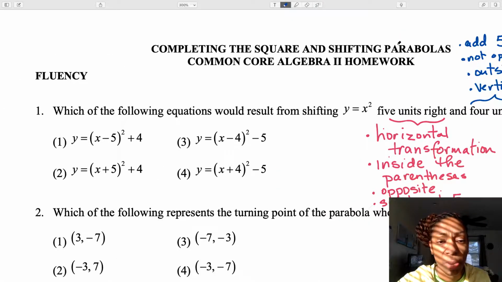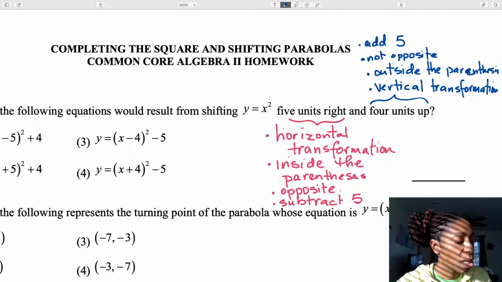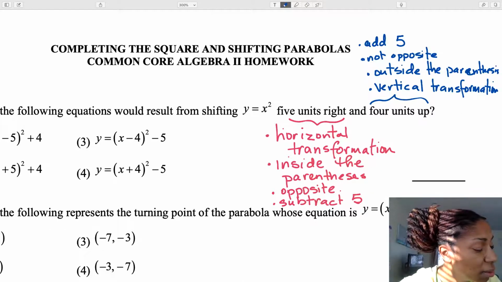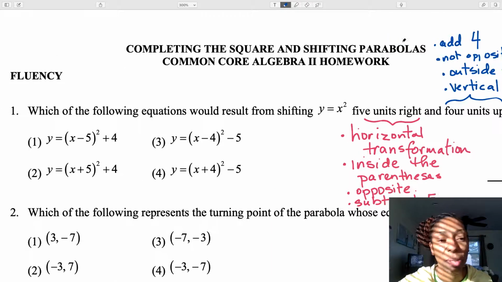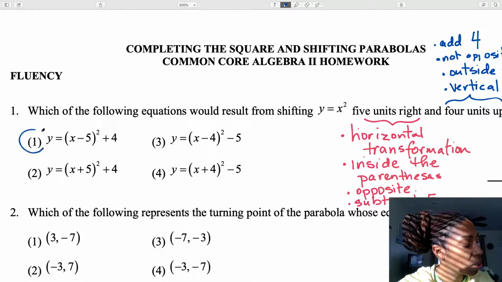So if we look at our options, which one is subtracting 5 inside the parentheses? Oh, not 5, 4. Sorry. And adding 4 outside the parentheses. That's choice 1.